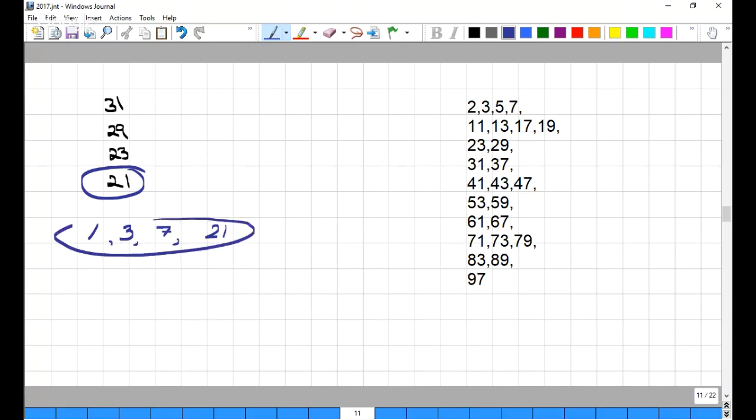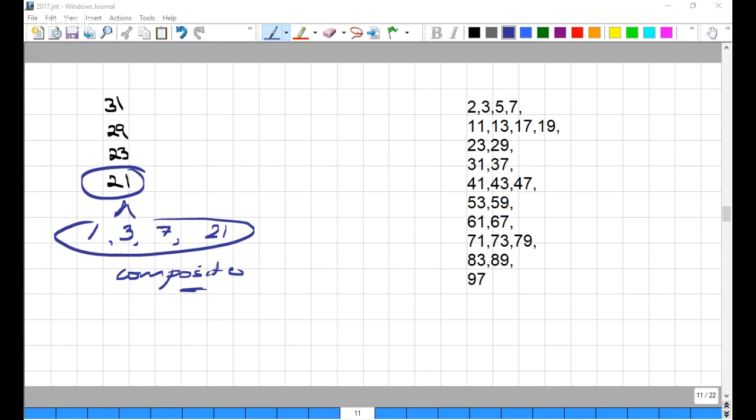What type of number is this that has so many factors? It's a composite. Because, tell me the rule. Any number with more than 2 factors is a composite number.